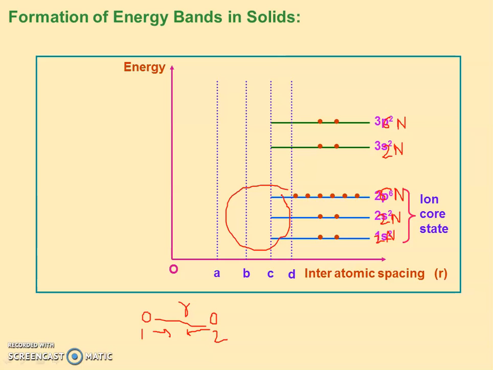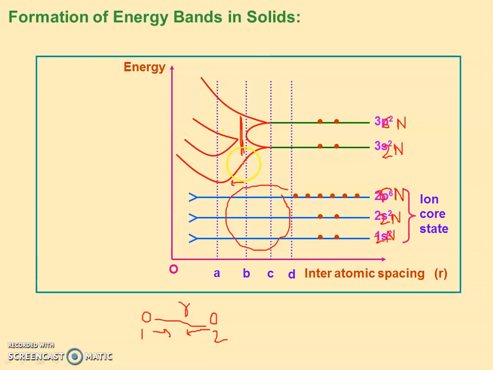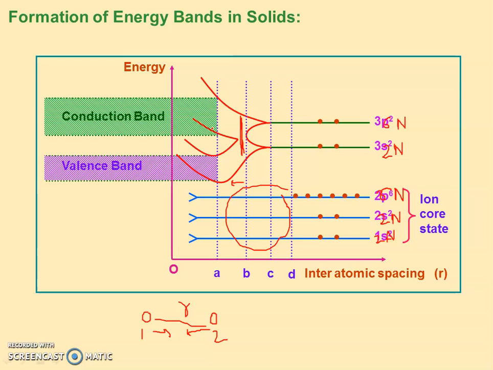Now again see, these energy levels split, get modified and form a single band of energy levels. If we decrease the distance furthermore, the energy band splits into 2 bands. The upper band will contain the energy levels where no electron is present.